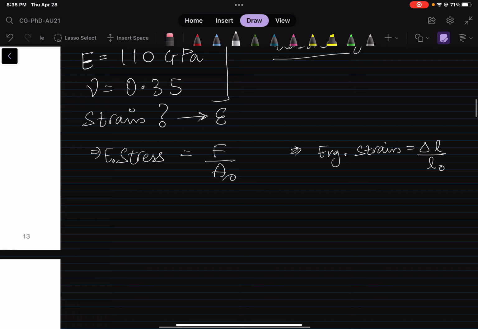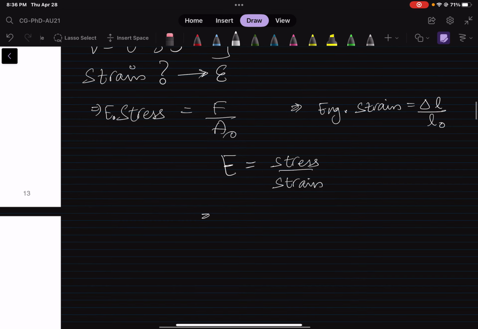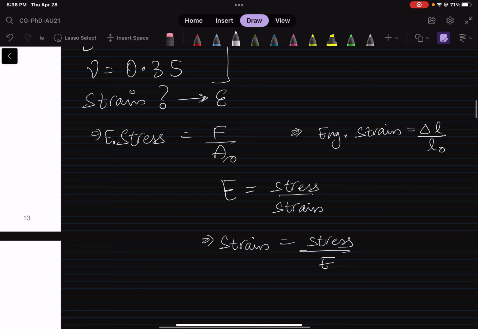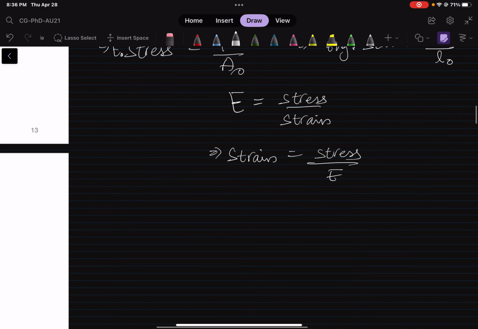Another way to define engineering strain is through Young's modulus. We know that Young's modulus, capital E, is equal to stress over strain. So I can write the strain equals stress divided by Young's modulus, capital E. So let's try to solve this. To calculate the stress, you have F divided by A naught.